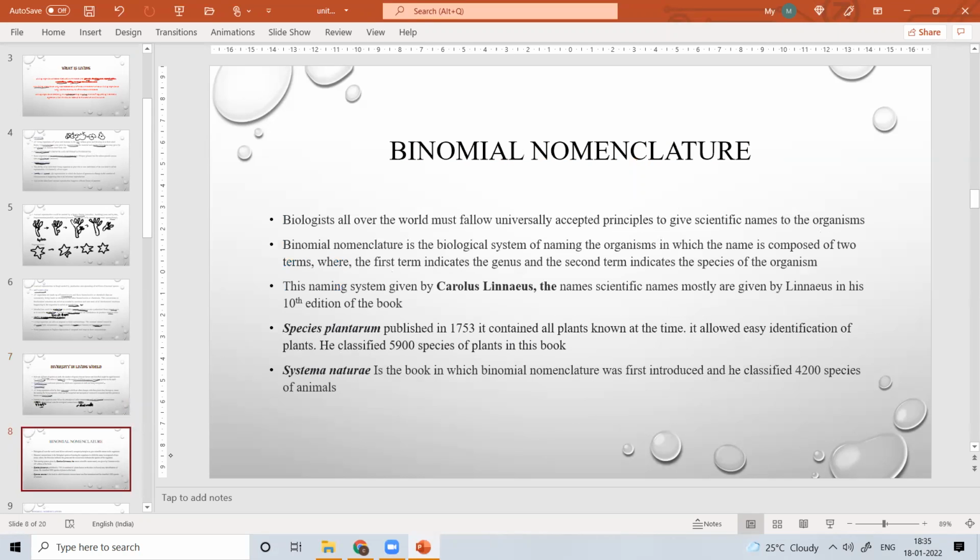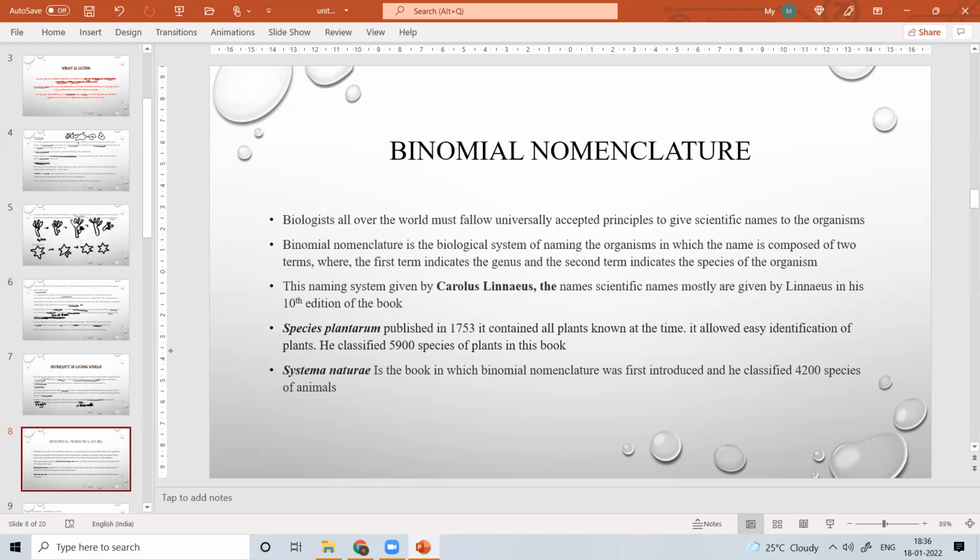So what is binomial nomenclature? We discussed that we need to follow the set of rules put forward by ICBN or ICZN to name living organisms. But there is also another popular system called binomial nomenclature. It is a system to give names to plants and animals.